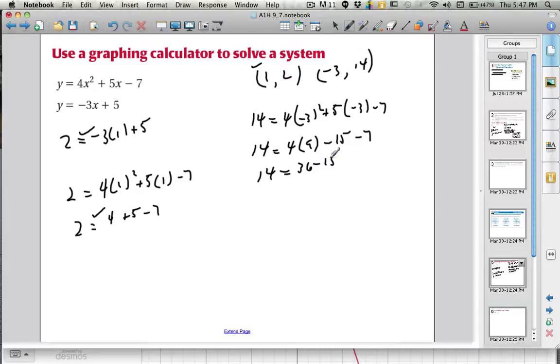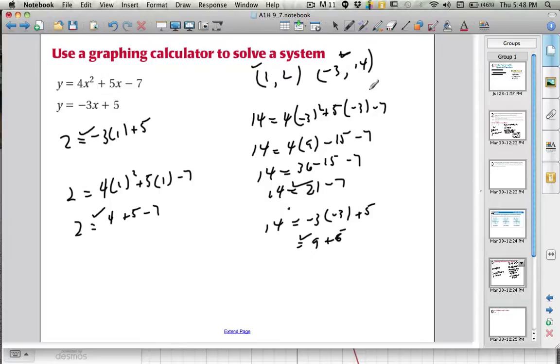So 14 would be equal to 36 minus 15 minus 7. So 14 would be equal to 21 minus 7, and that is true. And if I plug it into the other equation, 14 would be equal to negative 3 times negative 3 plus 5, which is 9 plus 5. And that also checks out.